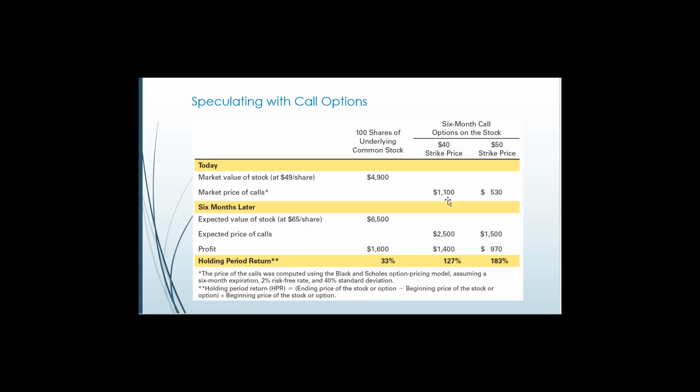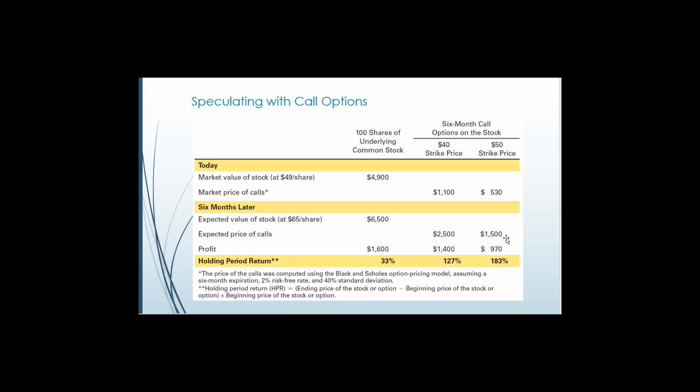Once you did that, you sell the calls for $2,500. It's $1,100, so your profit's $1,400. $1,400 on a $1,100 investment is 127%. If the strike price was $50, again, we know that the market price of the call is going to be a little bit less as the strike price goes up. That's $530.